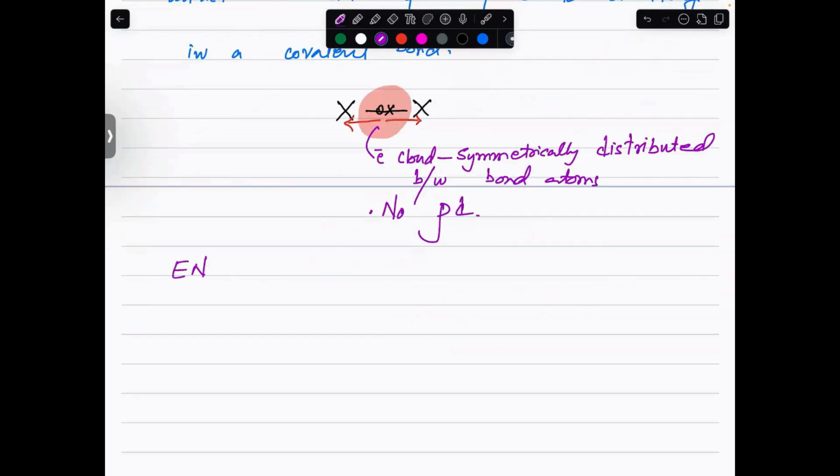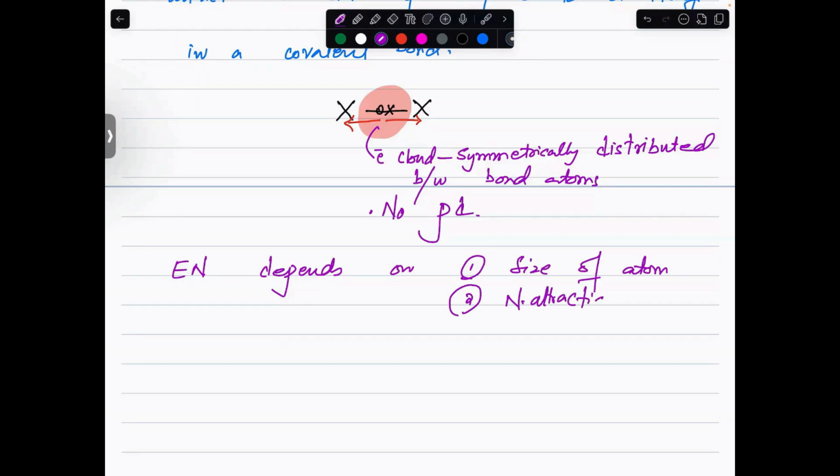Electronegativity depends on size of atom and nuclear attraction for valence electron.